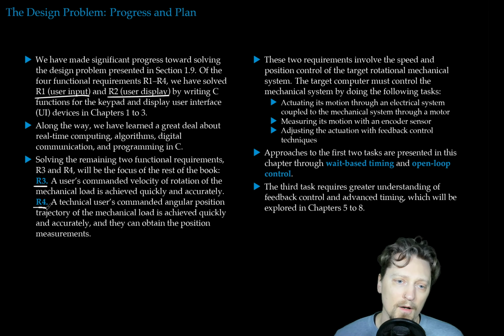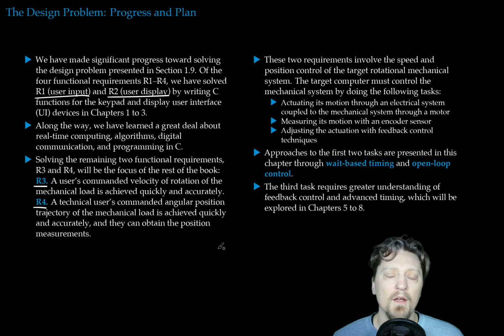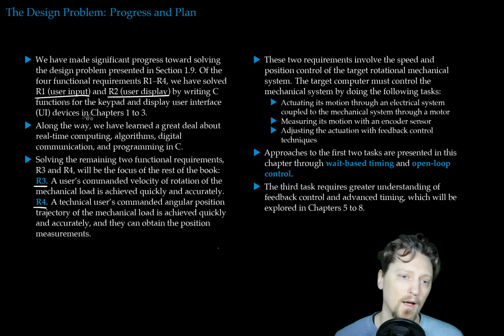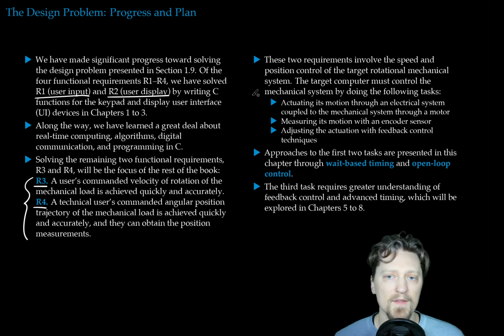And R4, a technical user's commanded angular position trajectory for the mechanical load is achieved quickly and accurately, and they can obtain the position measurements. So those are our remaining design functional requirements.